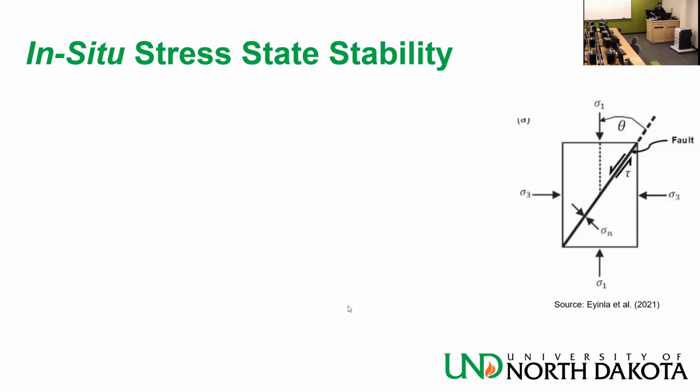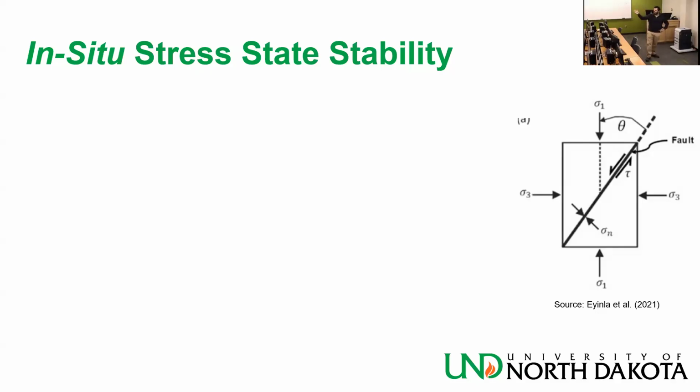Okay, so now, a little bit more complicated: we talk about stress states. We said if SV is bigger than SH max and SH min, it is normal faulting. If SH max is bigger than SH min and SV, it is reverse faulting.